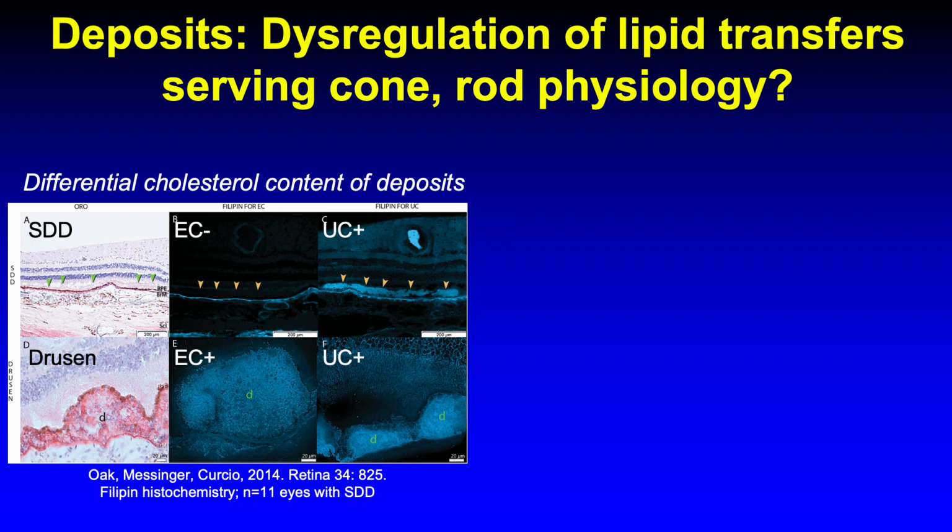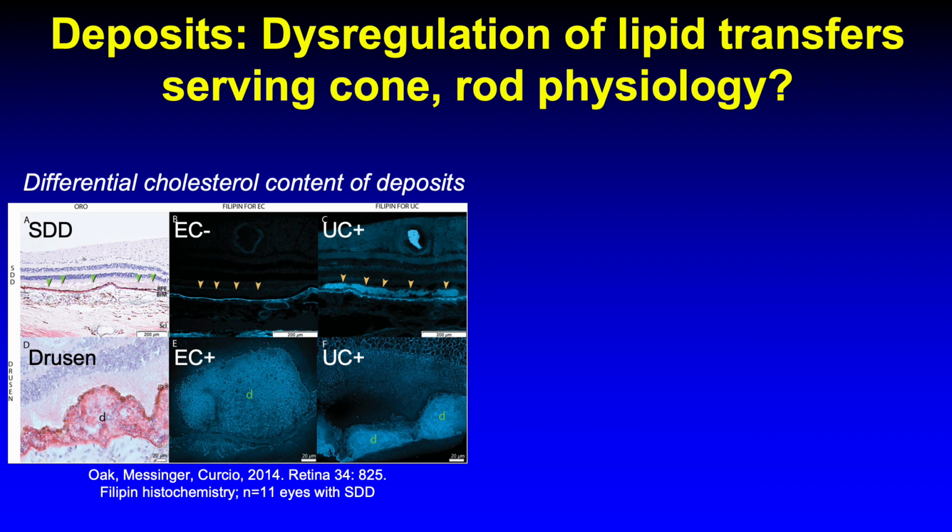Because of the differential composition of drusen for forms of cholesterol by histochemistry, we postulated that SDD and soft drusen were two parts of one system of lipid transfers to serve specific aspects of cone and rod physiology.